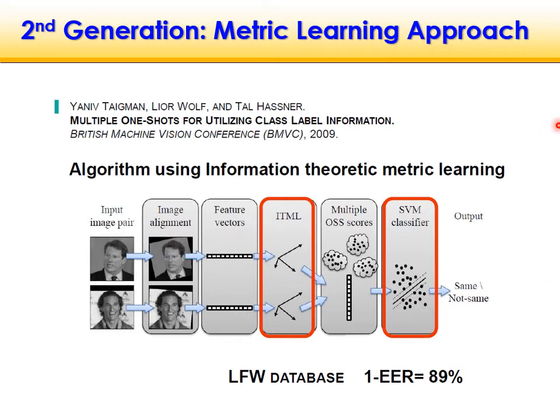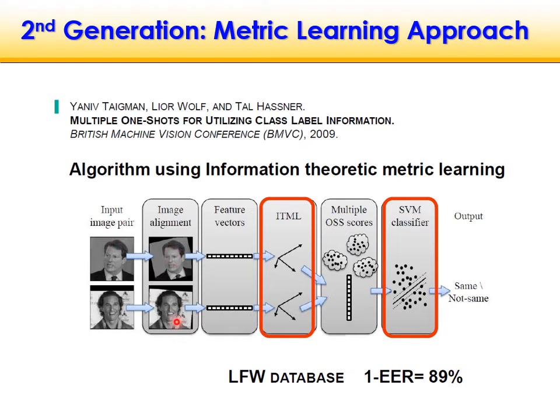This is an additional method, an extension, applying this idea of improving the metric to compare different features, by Taigman and Wolf. This is approaching the state of the art now. Taigman and Wolf are two important names that you will see afterwards. They were the first to really apply deep learning successfully in face recognition. In this case, you have two input faces.